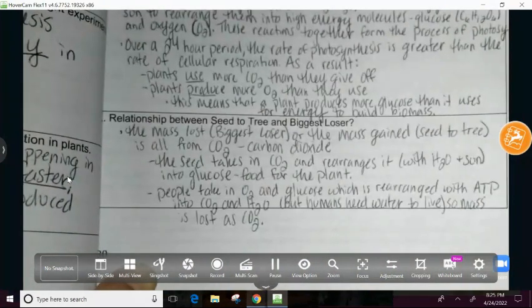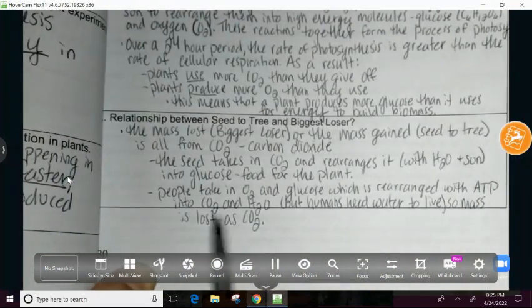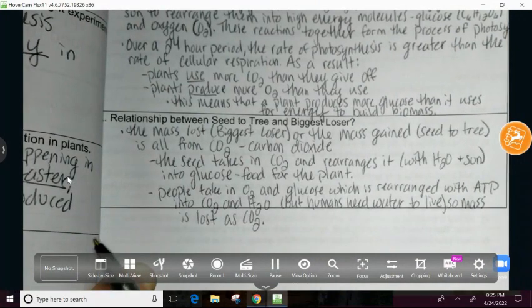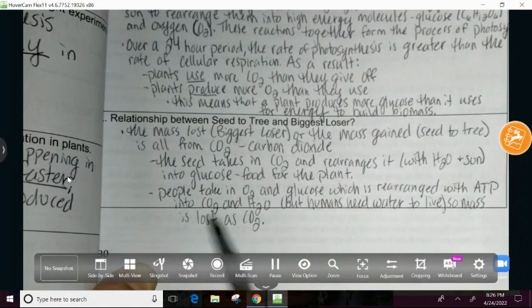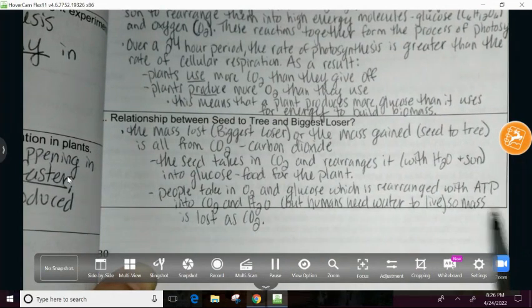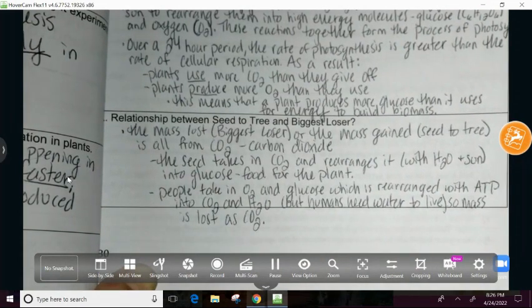So people take in oxygen and glucose, which is rearranged with the help of ATP, or created energy, into carbon dioxide and water. But remember, humans need water to live, so the water we get rid of, we have to take in. And so the mass is actually lost as carbon dioxide.